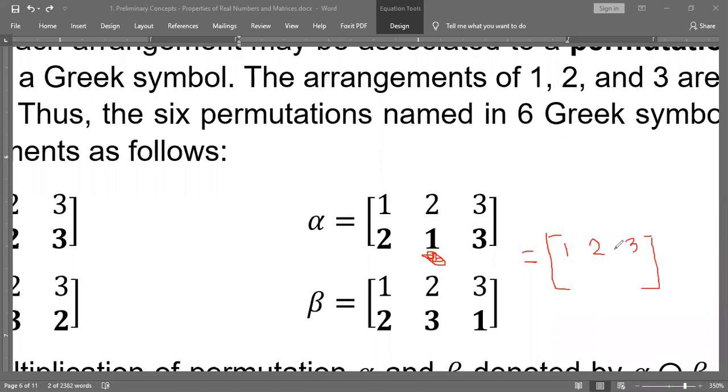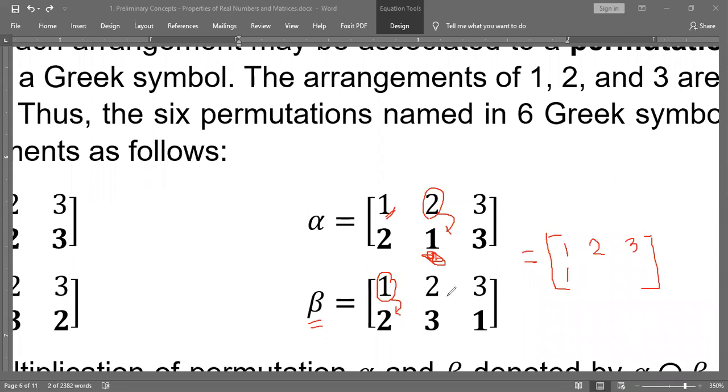Based sa ating definition kanina, when we are multiplying two permutations, mag-start tayo dun sa last factor. So, yung second factor natin is si beta. Yung element ni beta na 1 goes to 2. Okay? But, yung element ni 2, in reference dito, goes to 1. Therefore, the product nung alpha and beta natin with reference to our first element is 1. Nakuha?